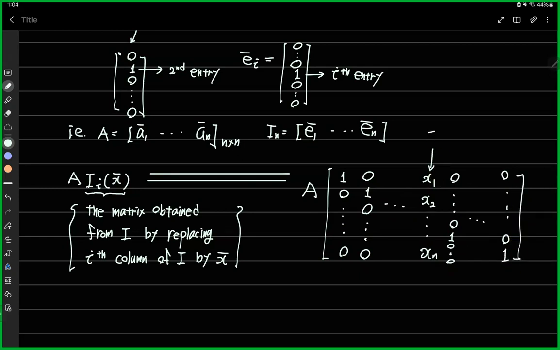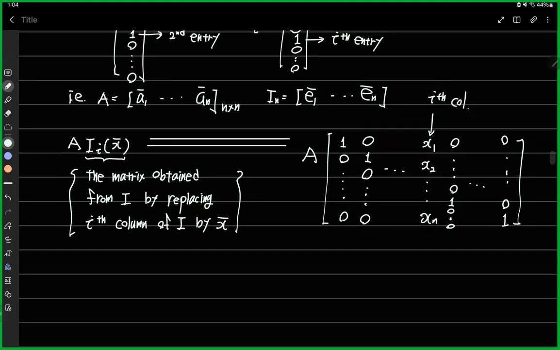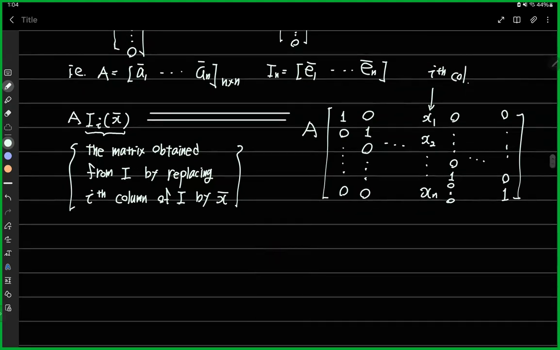This is the ith column, right? Then what does it look like? Anyone can figure out what A times this matrix, I_i(x bar), is? What was that?